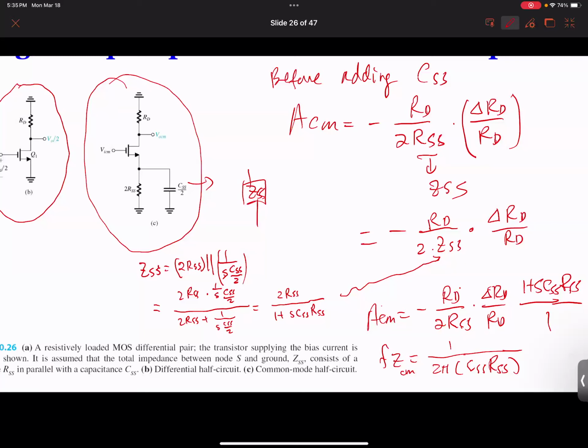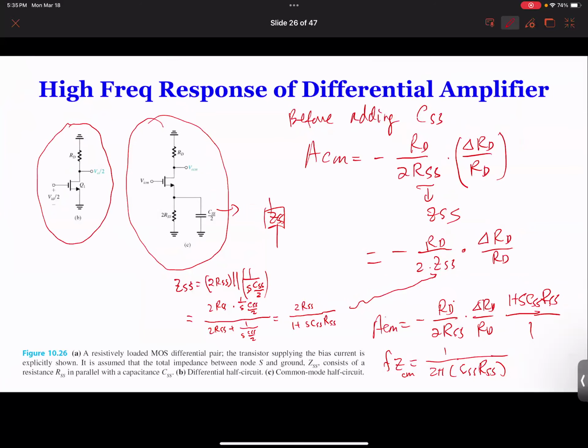This is bad because your common mode gain starts to increase. So in theory, when you design your amplifier, you need to make sure your f_Z for CM is more than the frequency band that you're using. If it's not, your noise is going to increase.